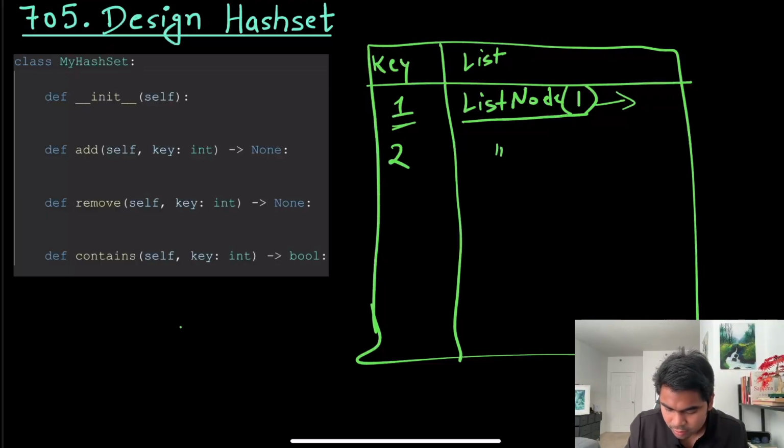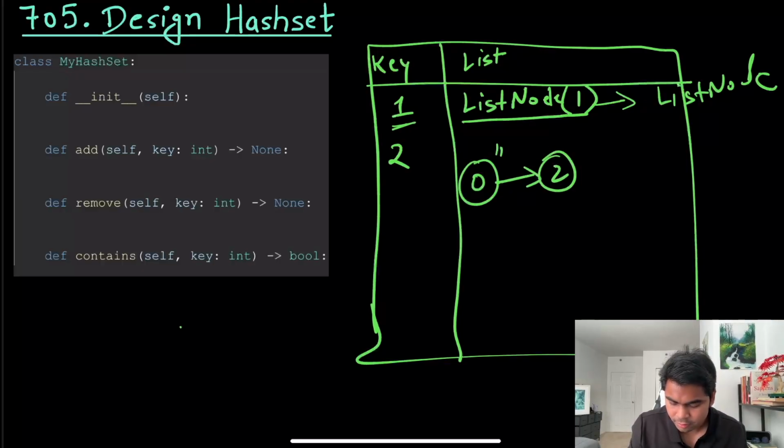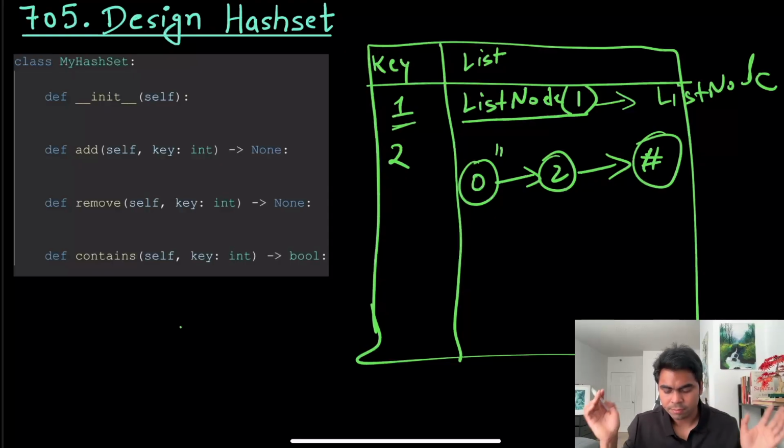Then I will point the current head, head dot next, to that another value, a list node. In a real scenario, initially I will have a 0 node, a dummy node, then I will append this value, and this will have some hash or something. So let's go ahead and implement this.